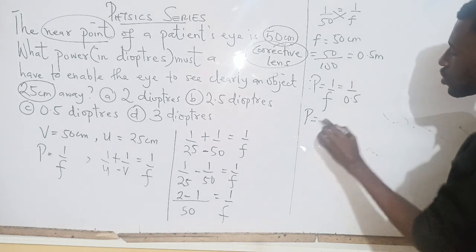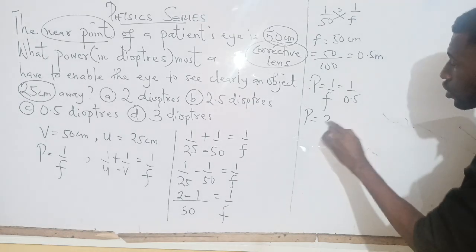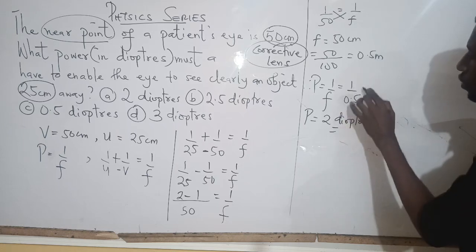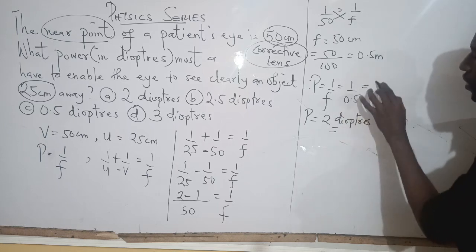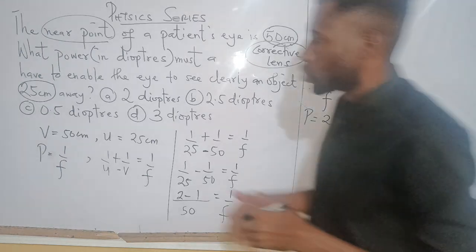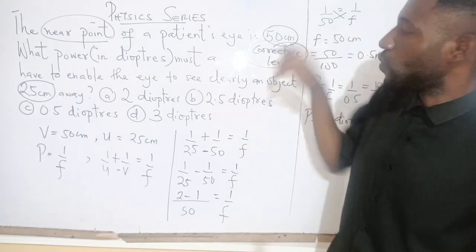Using a calculator, this should give us 2 diopters, because 1 over 0.5 is the same thing as 10 over 5, which gives us 2 diopters. So that is the power of the corrective lens.